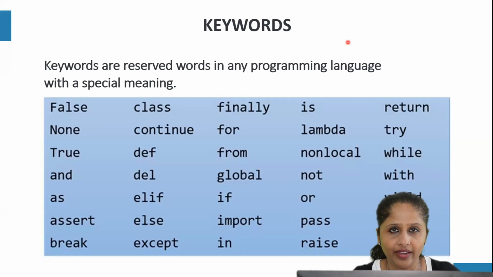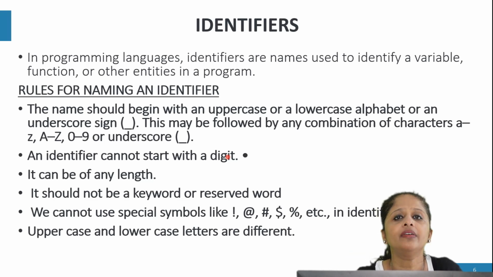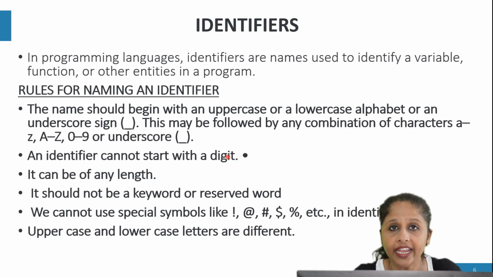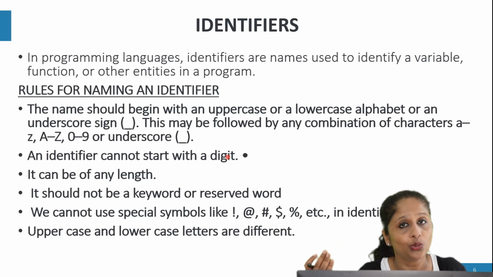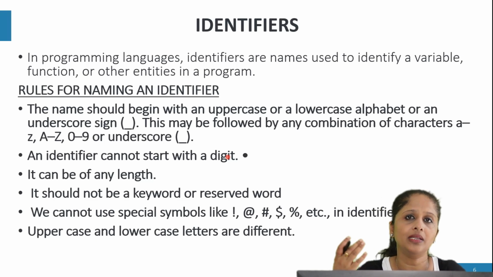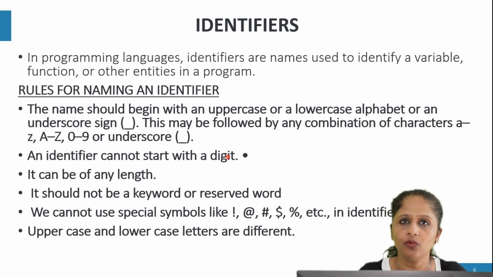So identifiers. Identifiers are the names to identify something. That is, our names are our identity. Same way, identifiers are the names which programmers are giving to a variable, function or entity in a program. So these variables, functions, all these things we are going to study. Already in maths you studied what is a variable, what is a constant.